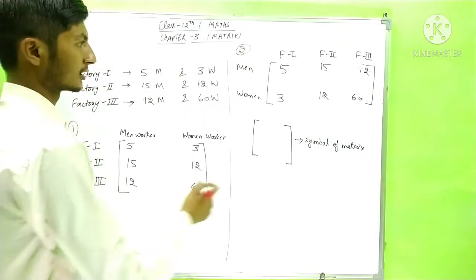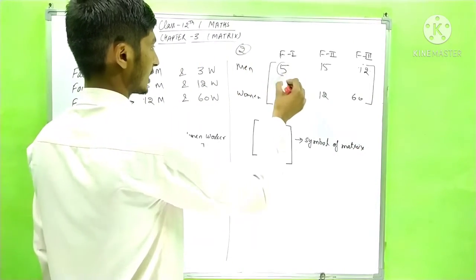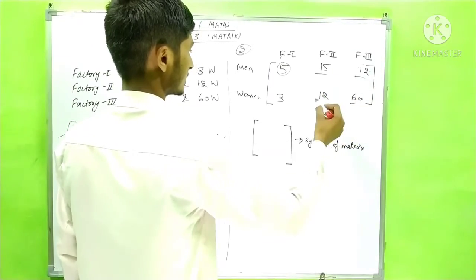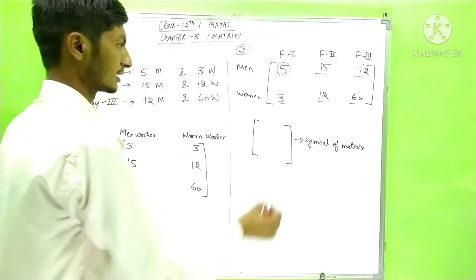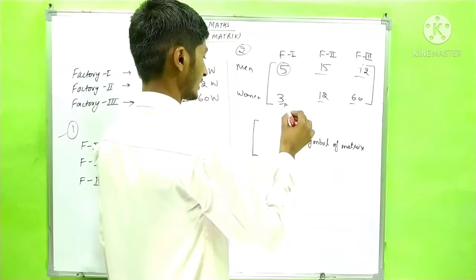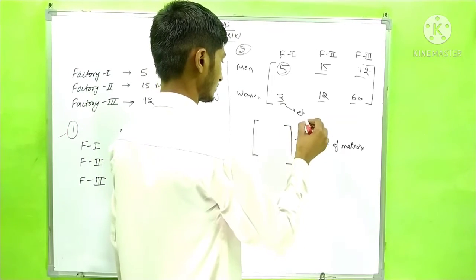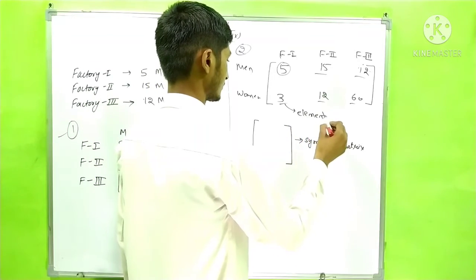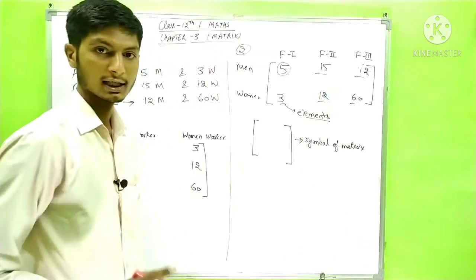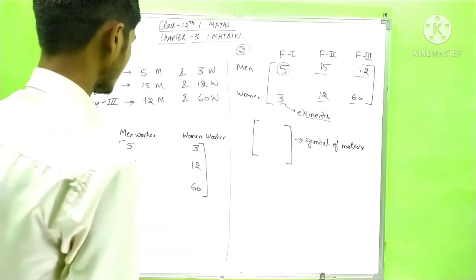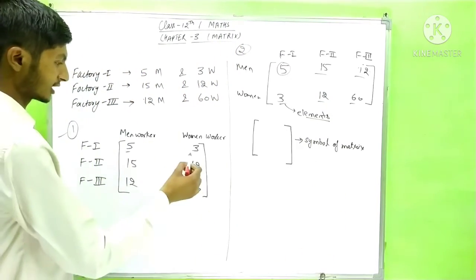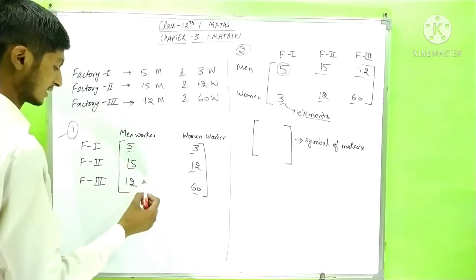And here these values 5, 15, 12, 60, 12 and 3, these are called elements. And here similarly these are elements.